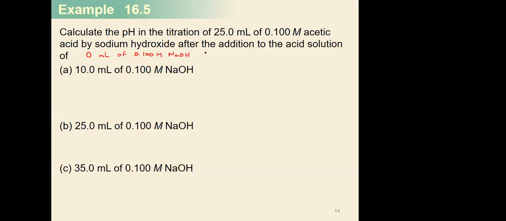So this is before titration. What do we need here to solve this problem? We need the pKa or maybe the Ka. We have here acetic acid. So what is the Ka of acetic acid? 1.8 times 10 to the negative 5.